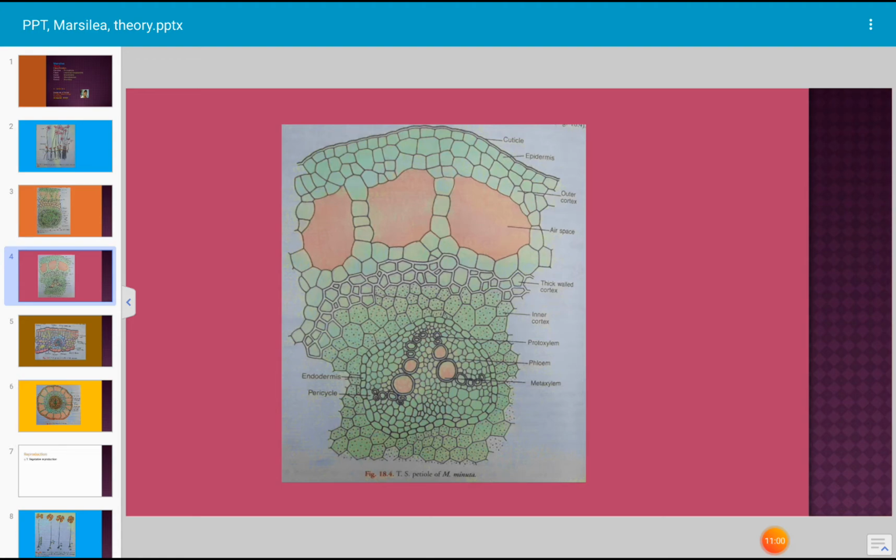The ends of each arm of the V-shaped xylem are protoxylem groups, whereas the middle region of the arm of V consists of large tracheids representing the metaxylem groups. The opening of V is always toward the axis, that is adaxial side.